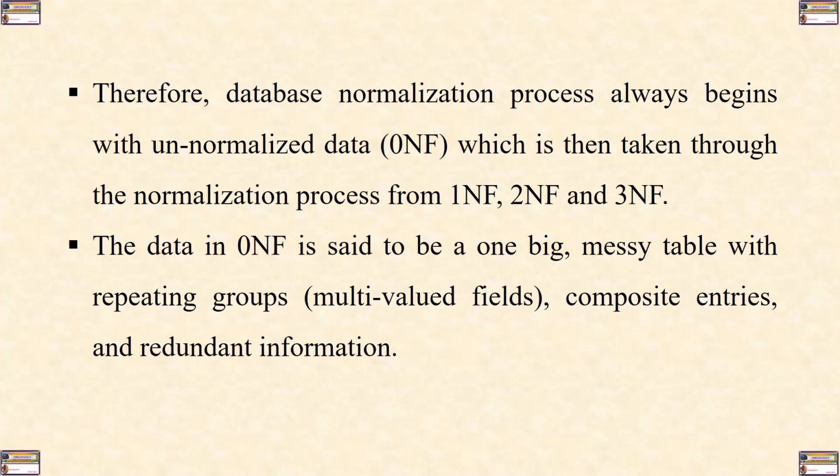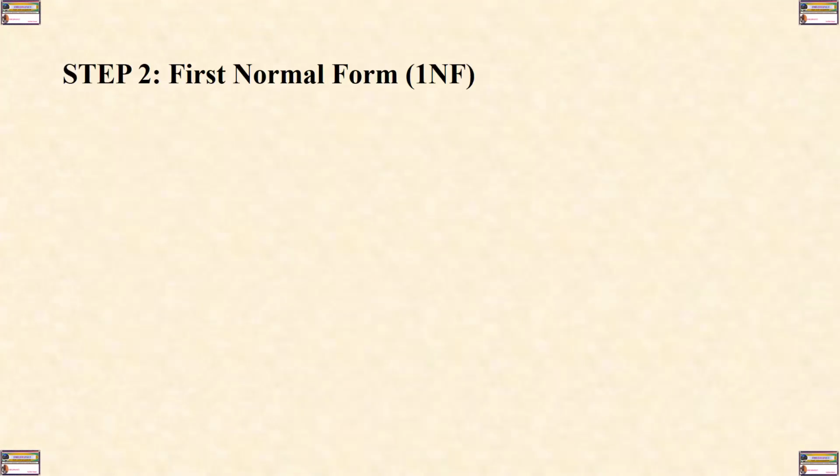So the data in zero normal form, which we are calling unnormalized data, is said to be one big messy table or file with repeating groups, as we have seen, what we call multi-valued fields, like the three that are highlighted, composite entries, and redundant information. Let's now move on.